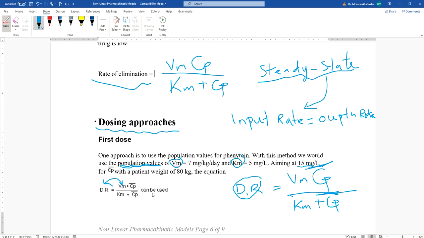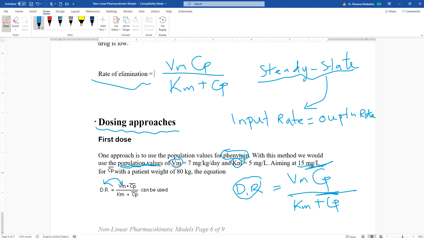Okay? In this example, we are talking about phenytoin. And as I said in the part 1 video, phenytoin is one of the most commonly described drugs, and its pharmacokinetics is frequently described by Michaelis-Menten kinetics.